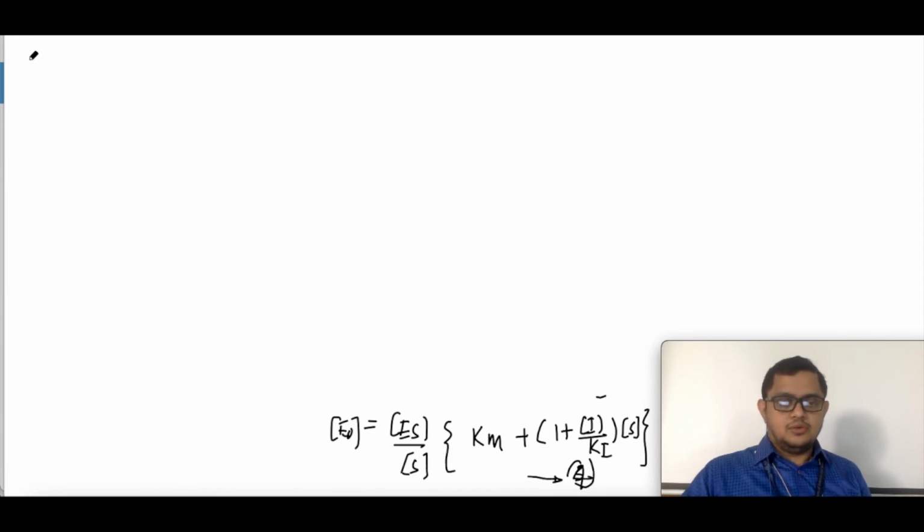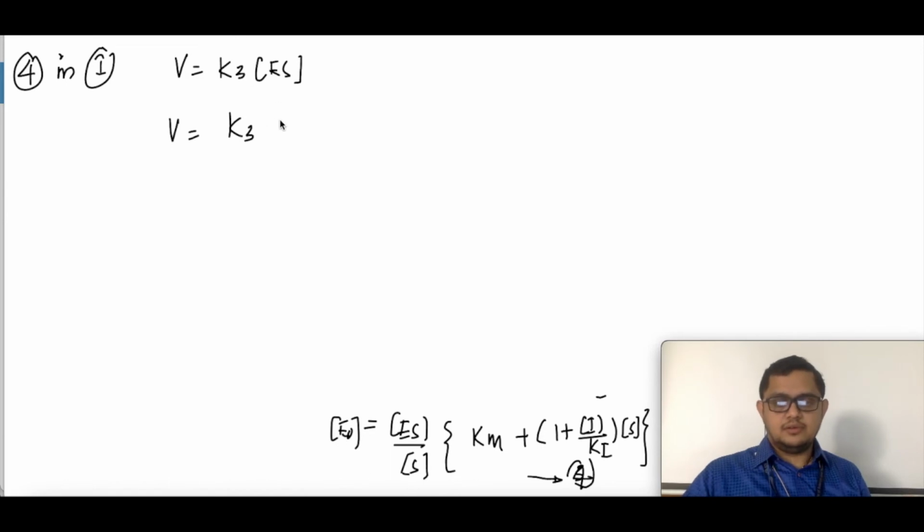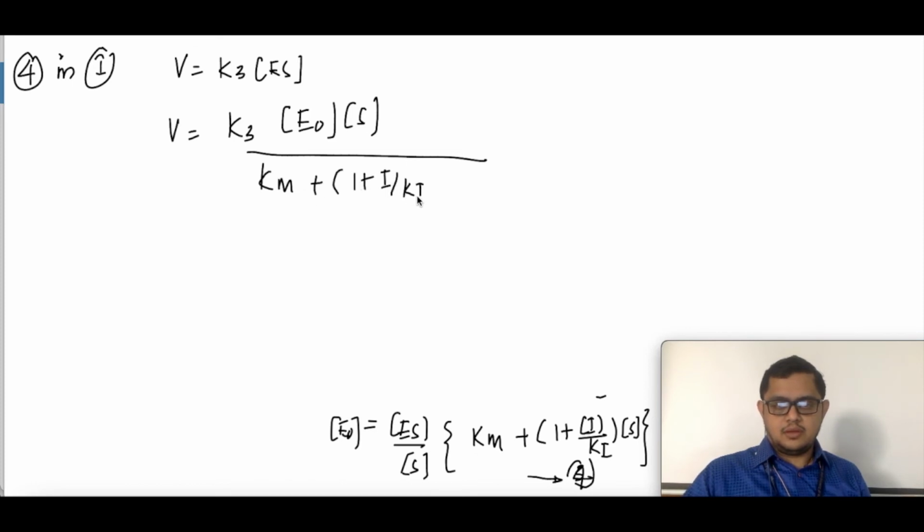So, now substitute this 4 in 1. So, what is 1? V is equal to K3 into Es. So, from this you substitute Es in that. Es is nothing but E naught into S divided by Km plus 1 plus I by Ki into S. So, let me erase this.